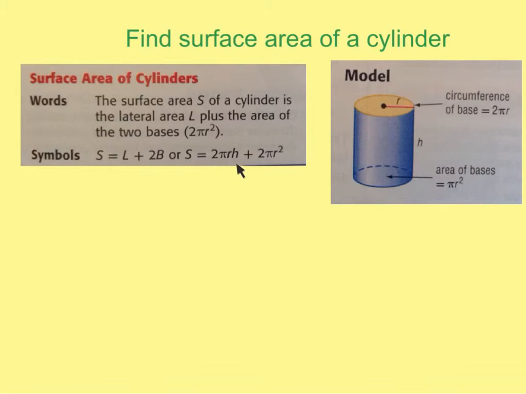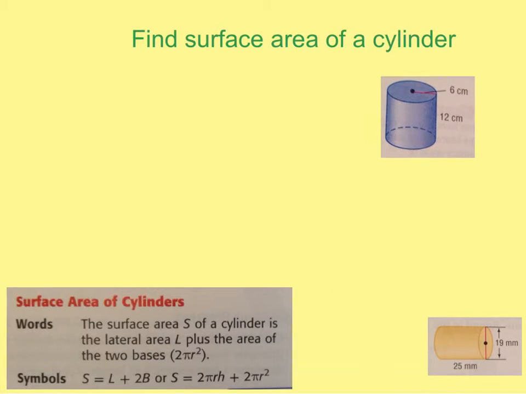Or I can start from scratch and find the lateral area, which is this, and then 2 times pi r squared. Because if you remember, pi r squared is the formula for finding the area of a circle. And then there's 2 of them, so I have to times it by 2.